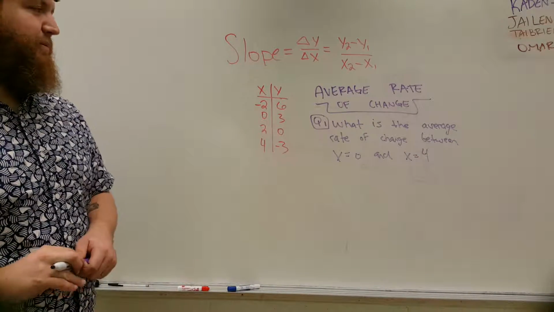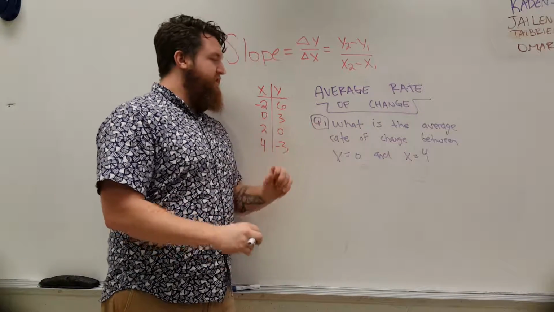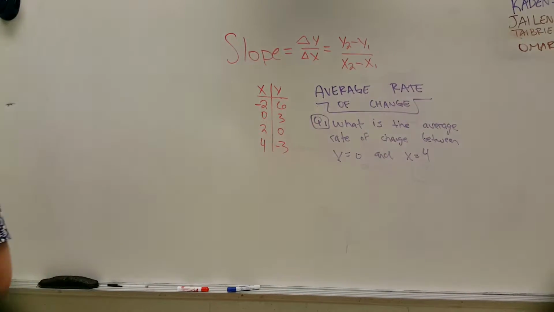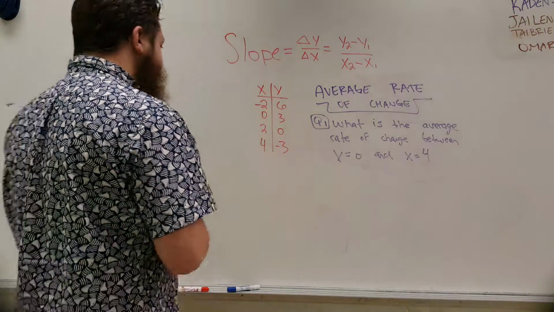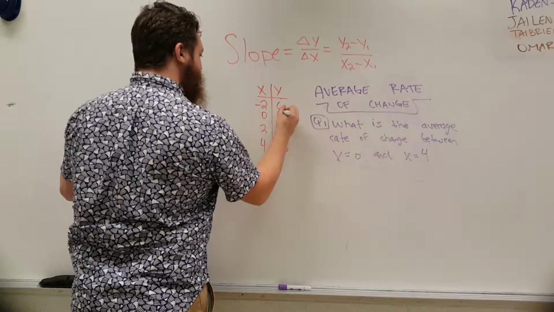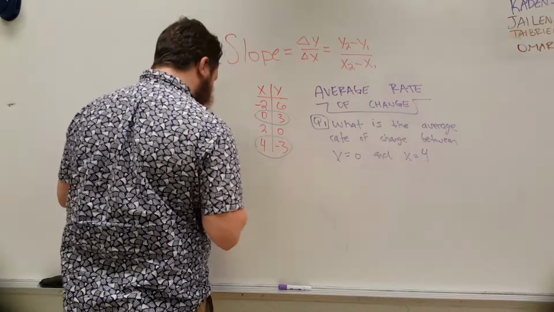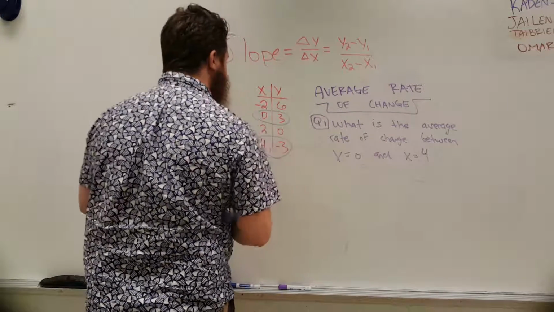Okay, so let's say that's my problem. I hope you can read that. I'm going to read it out loud again in case you can't see it. What is the average rate of change between x equals 0 and x equals 4? So what I'm going to do here is use these 2 points, where x equals 0 and where x equals 4, and I'm going to plug those in to find the slope.